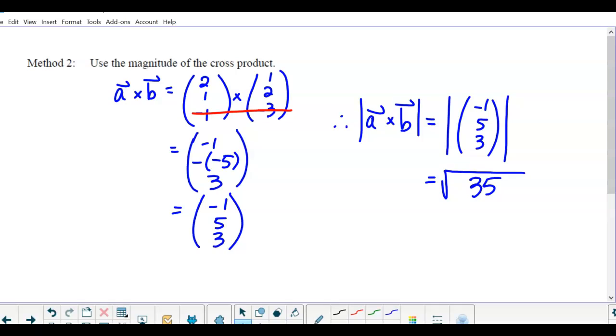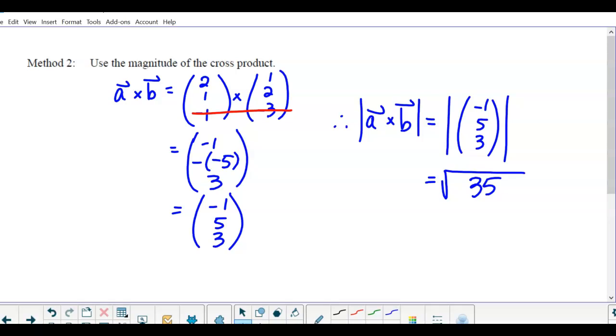Same value. So turn to the next question.